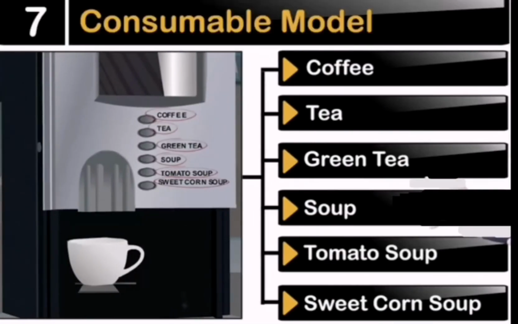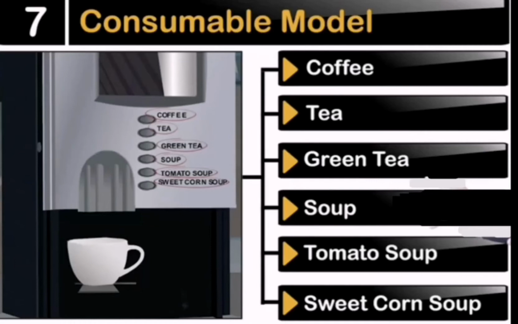The consumable model is very interesting. This kind of model basically goes well for consumable products such as food items, coffee, tea, etc. Now I will give you a real life example.